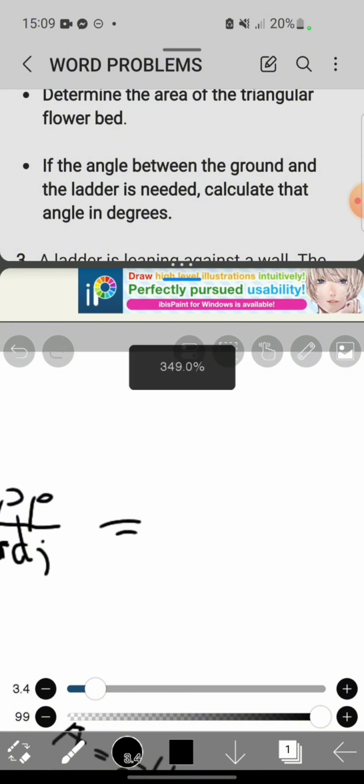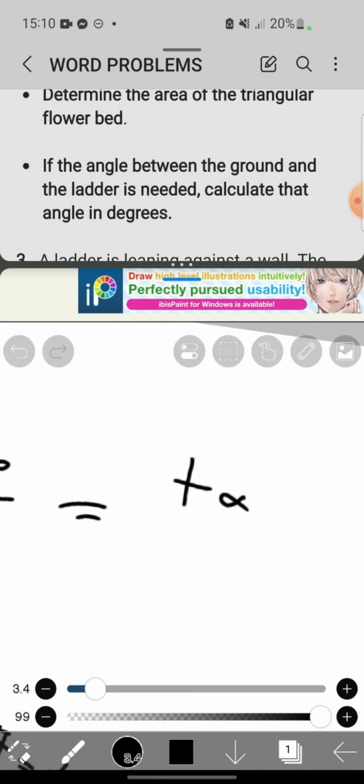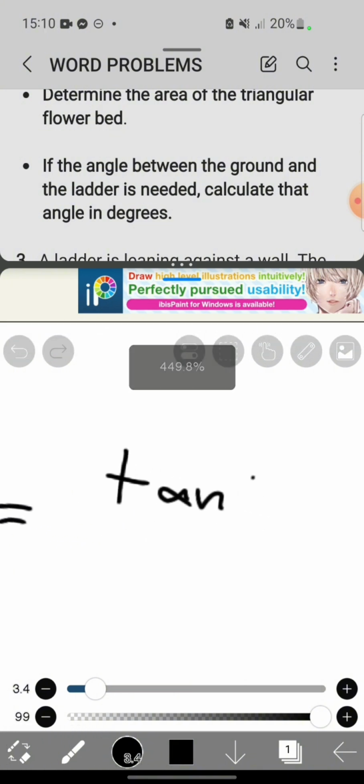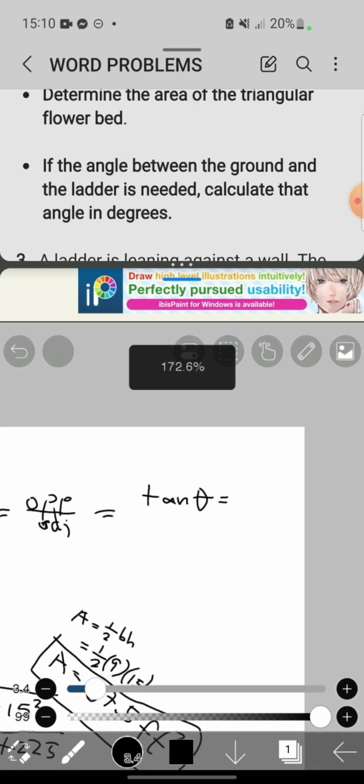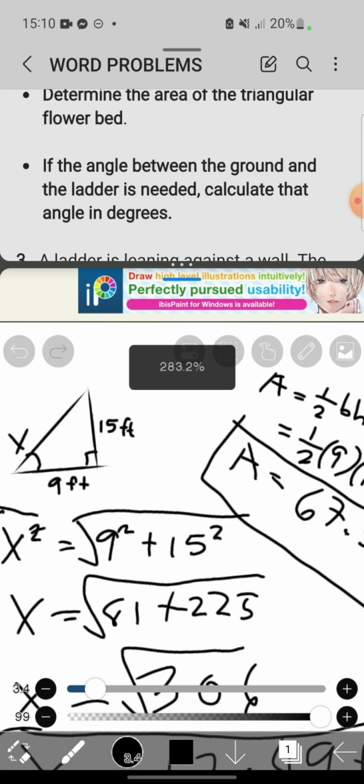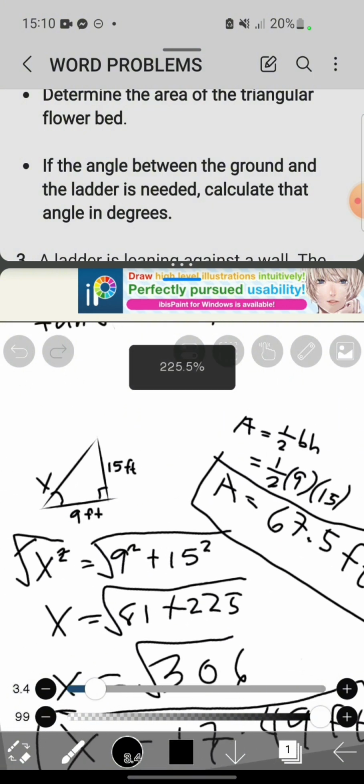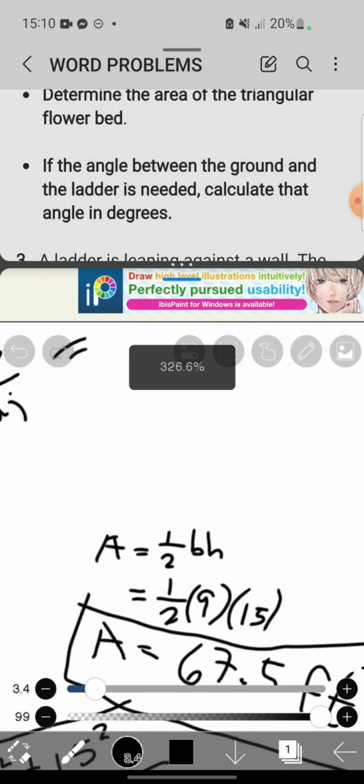So tan theta is equivalent to the opposite, which is 15, over the adjacent, which is 9.